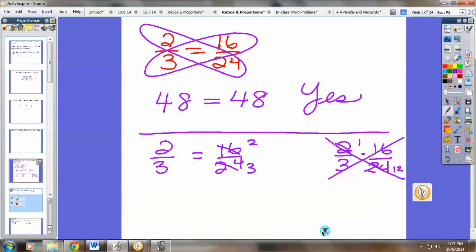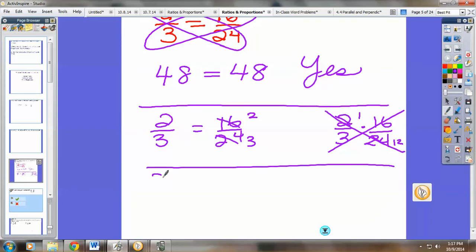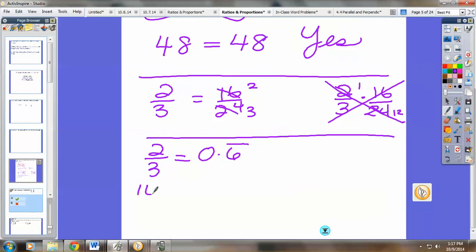How about a decimal? You guys can change it to decimals, right? If I gave you 2/3, could you make that into a decimal? 2 divided by 3, 0.6 repeating, right? What if we did 16/24 as a decimal?